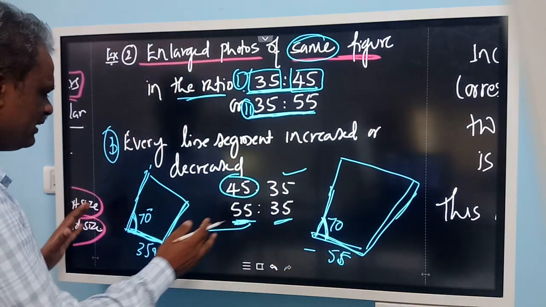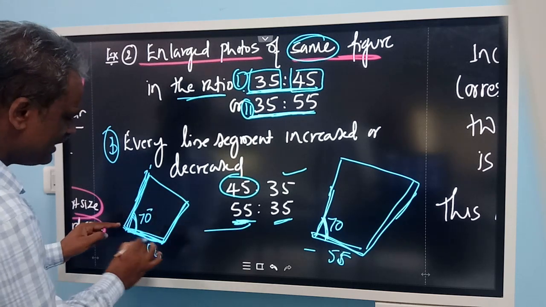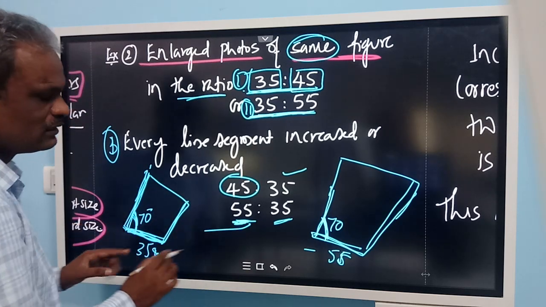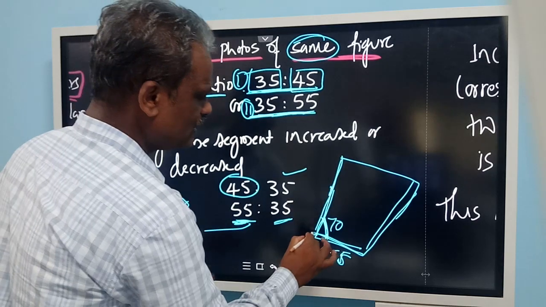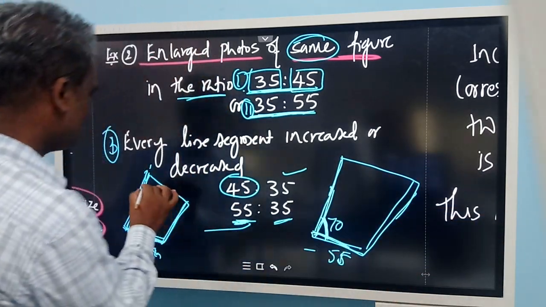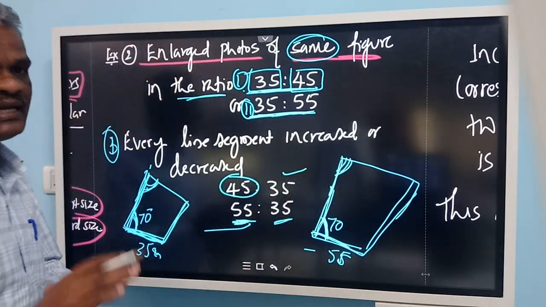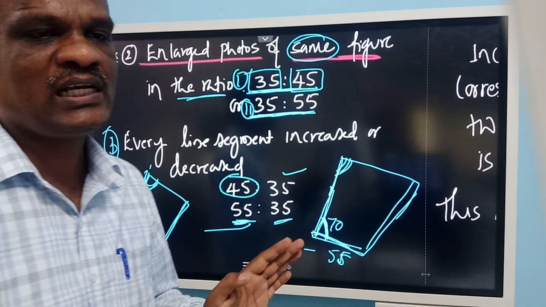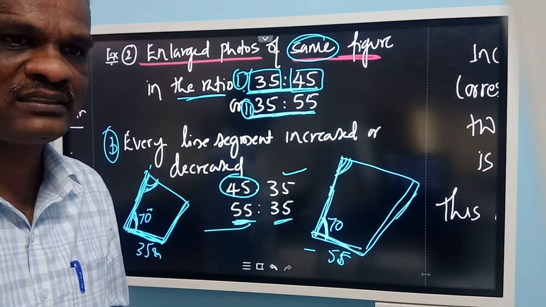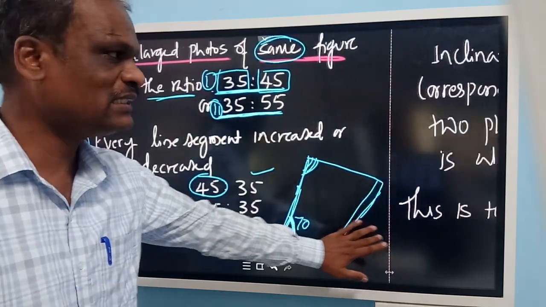See, when you enlarge the figure, the inclination between these sides, that is the angle, will not change. Whether you increase the bigger size, this angle will remain same. Similarly, this angle will remain same with this angle. The angle of inclination between the sides will not change even if you increase the size. Size increases, but angle remains same.